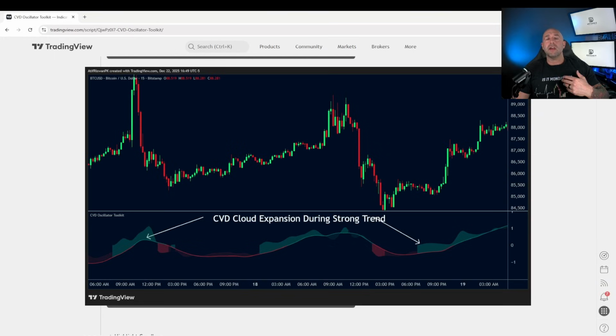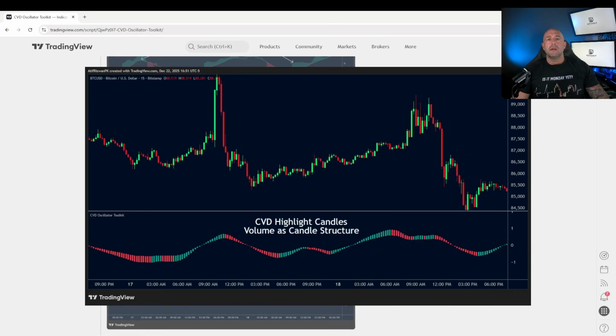They help answer a simple but important question: is the current move supported by volume effort, or is pressure fading beneath the surface? So with the highlight candles, instead of rendering the oscillator as a simple line or a histogram, this feature displays it using candle-style bodies. So each oscillator candle visually represents the underlying volume behavior, conveying direction, strength, and momentum continuity in a format that closely resembles price action.